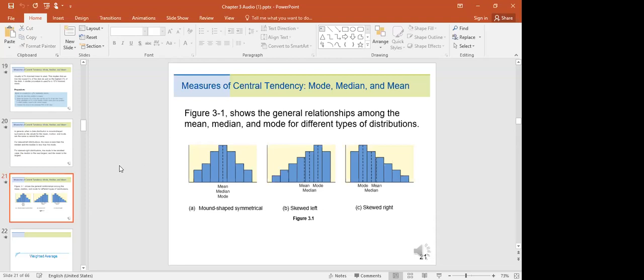So on a quiz question, you may have this organization. You can have a question like, if data is skewed to the left, then the mean is less than the mode, less than the median; the median is less than the mean, less than the mode; the mode is less than the median, less than the mean; and you will have to choose the right one by recalling what we are saying here.